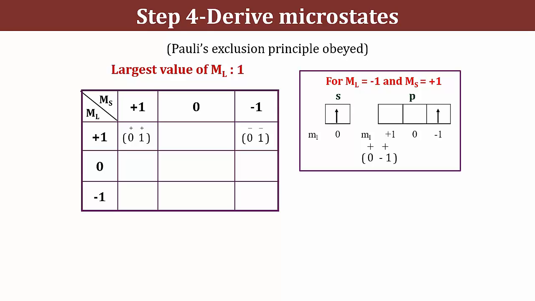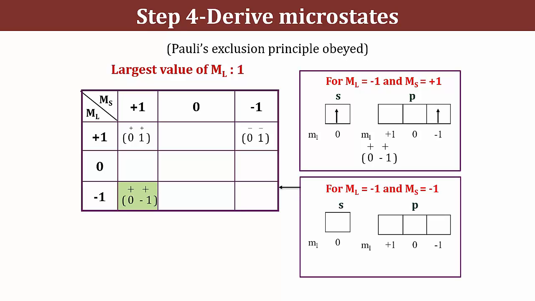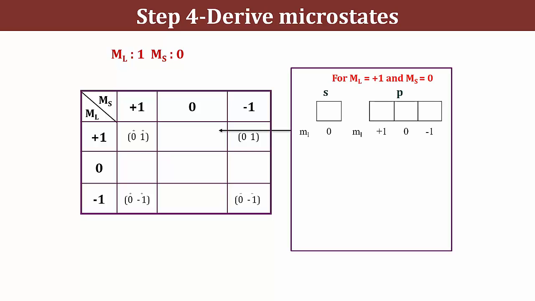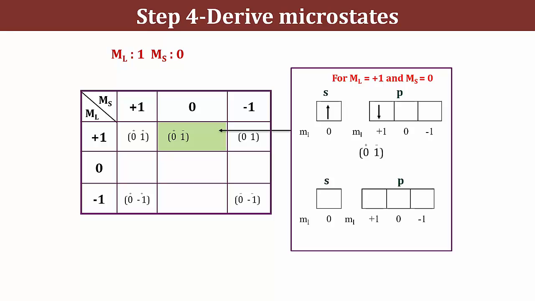So the microstate is 0, -1, ++. For Ml -1 and Ms -1, the microstate is 0, -1, --. Then in the next case, when Ml is 1 and Ms is 0, as the resultant Ms is 0, the two electrons will have opposite spins. The microstate hence is 0, 1, +-.